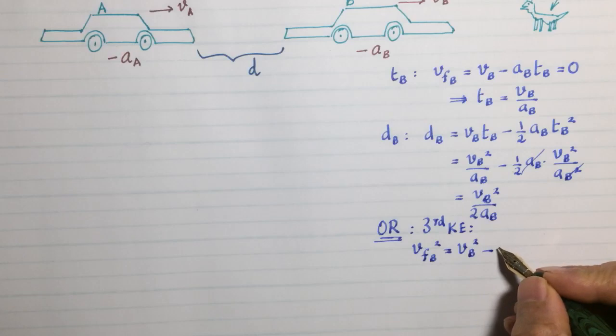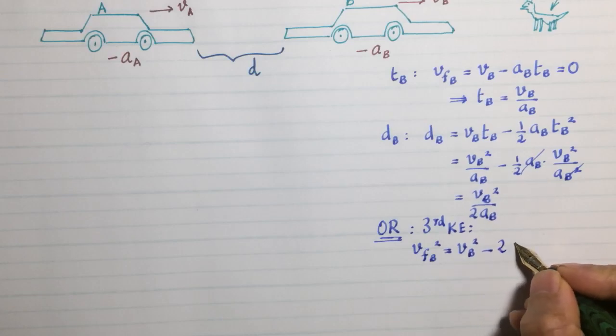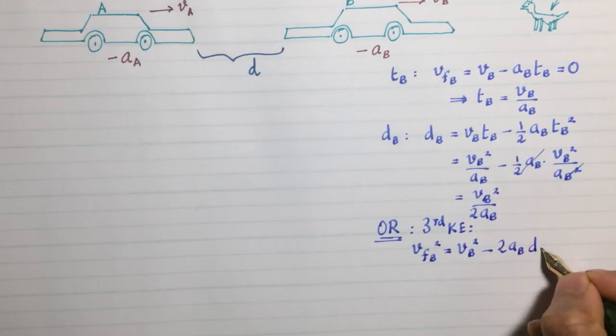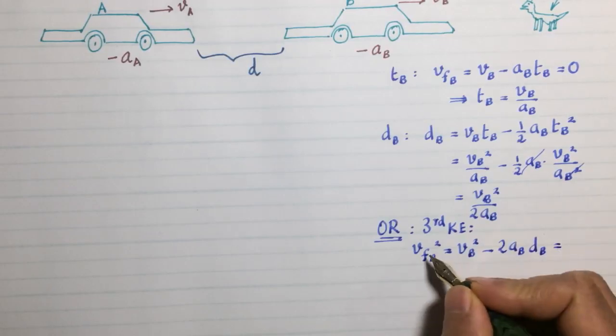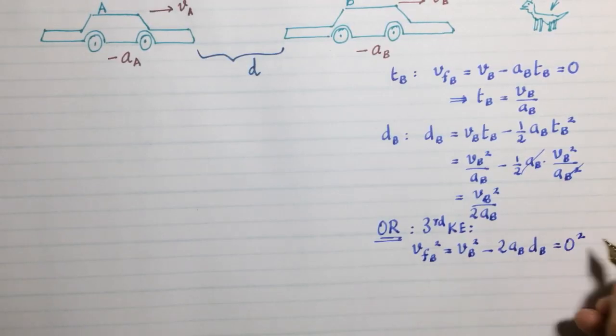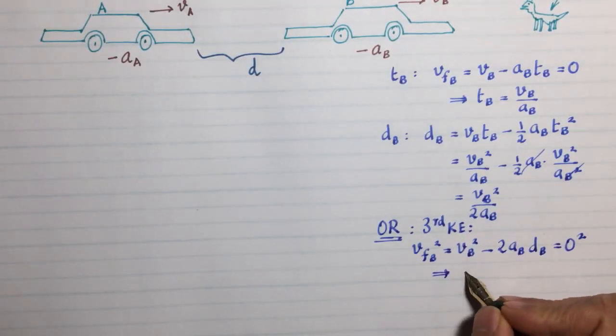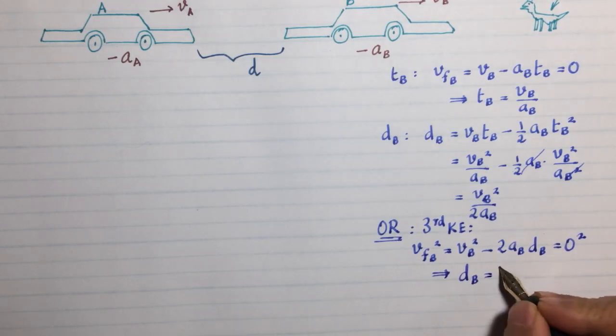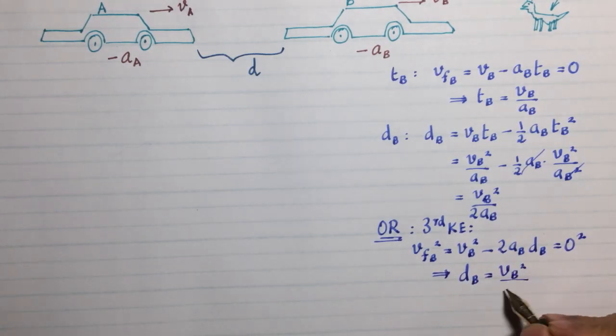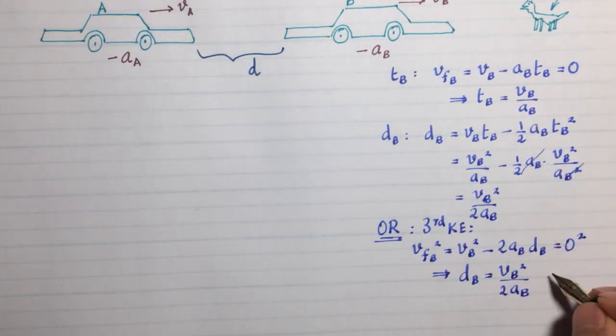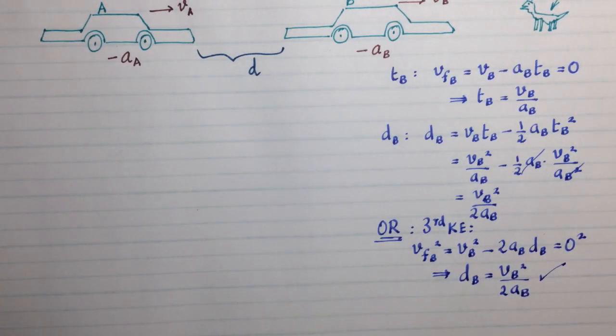Well, acceleration is negative, so I'm going to get negative 2a_B times the distance d_B. And since the final velocity is 0, that's going to be 0 squared. So this immediately gives me d_B equals v_B squared upon 2a_B without the need for finding the time first. So this is a confirmation of our work so far.